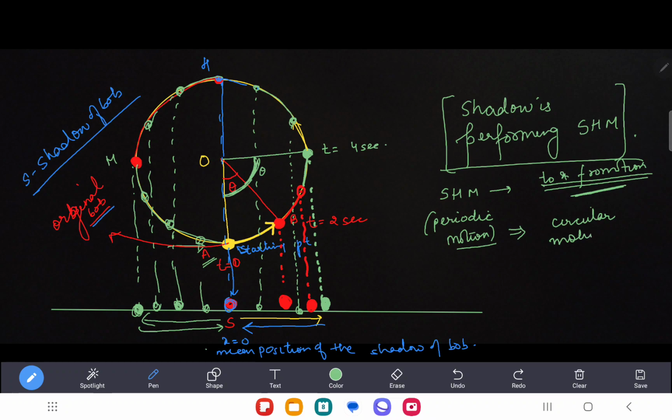So basically, what makes this chapter a little bit difficult is that we are trying to consider every periodic motion as an SHM, because somewhere down the line, either the shadow of the body undergoing periodic motion or anything, generally the shadow is going to perform SHM. You understand my point?